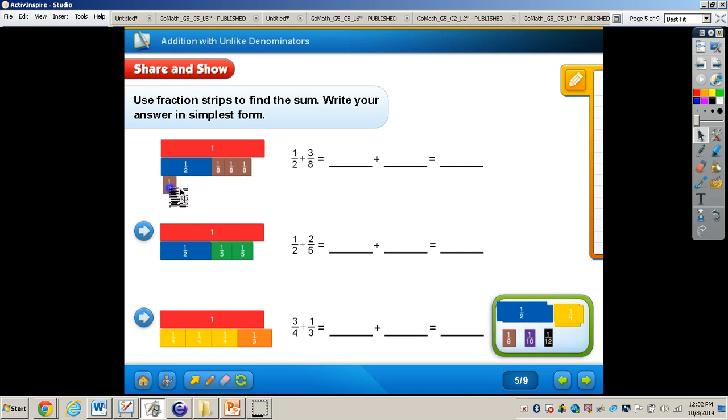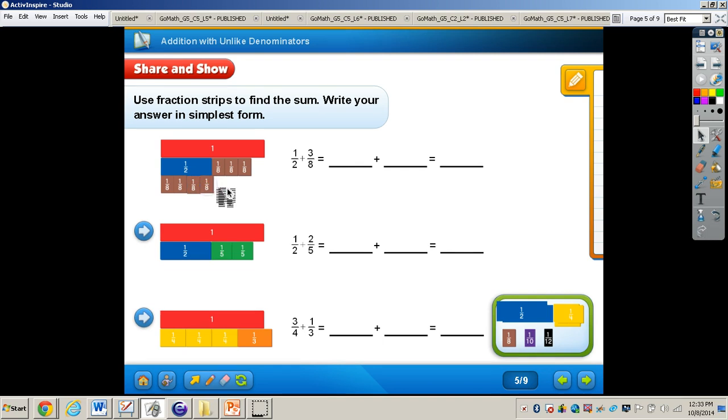Okay, I'll start putting these underneath my 1/2 strip. So 1, 2, it's important to line these up exactly. 1, 2, 3, 4. Okay, now that's a good sign because I know the other ones are eighths and they're obviously going to line up.